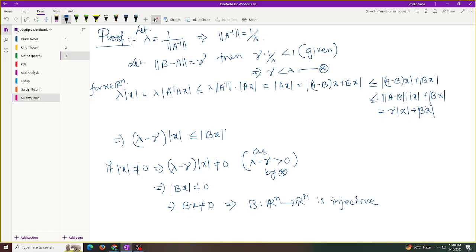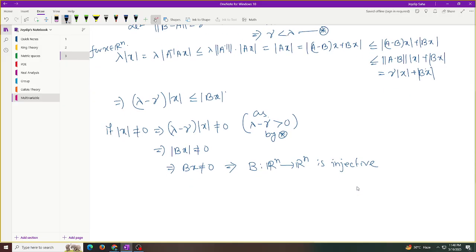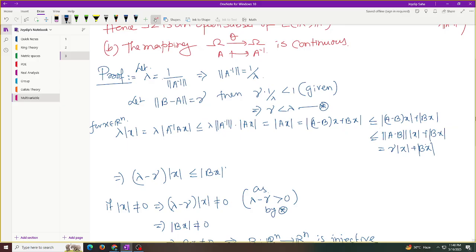By the rank-nullity theorem it is bijective, because same dimension to same dimension. So this line is calculative, and this line here is some technique also, right?